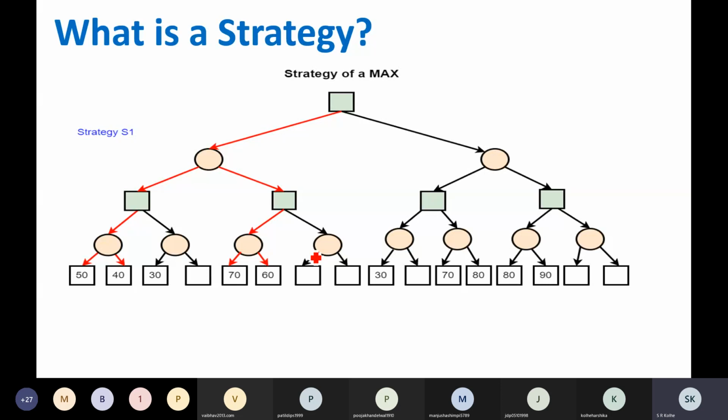So how to do that? How many leaf nodes are there in this 4-ply game tree? 16 nodes are there, right?